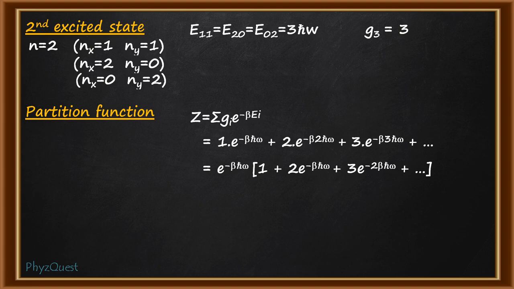So the formula is (1 minus x) to the power minus 2 is equal to 1 plus 2x plus 3x square and so on. So here if we choose x is equal to e to the power minus beta h cross omega, then this expression is the same as this.